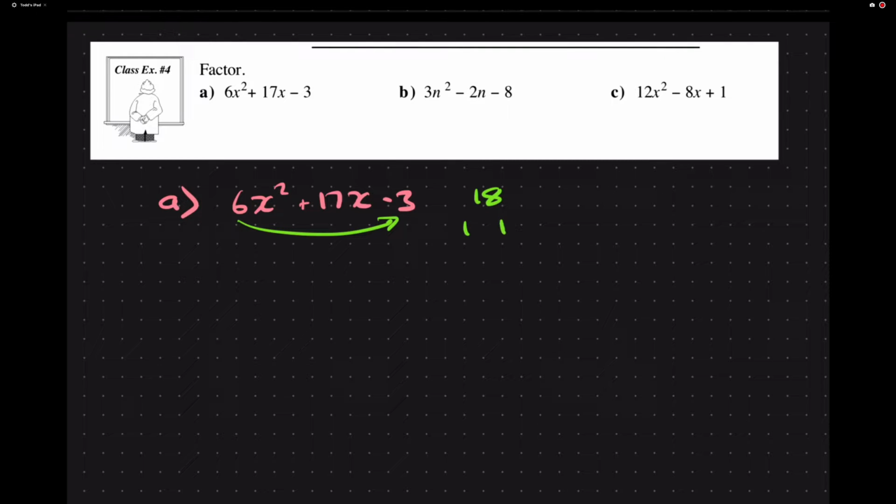The factors of 18 are 1 and 18, 2 and 9, 3 and 6. And this time they're going to subtract to give us a positive 17, so that's going to be 18 minus 1. So again, I need to put the 18 with the plus symbol.